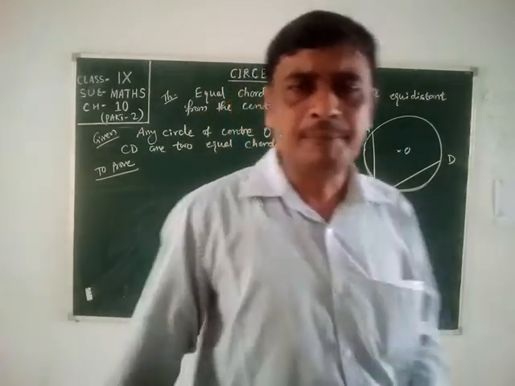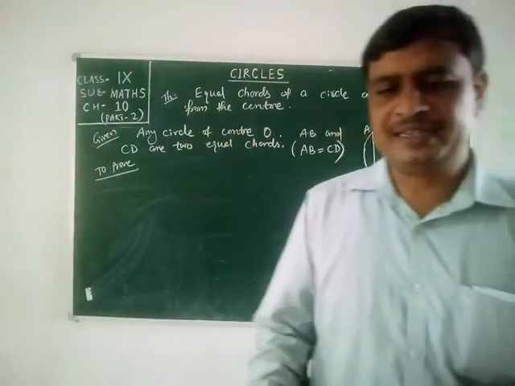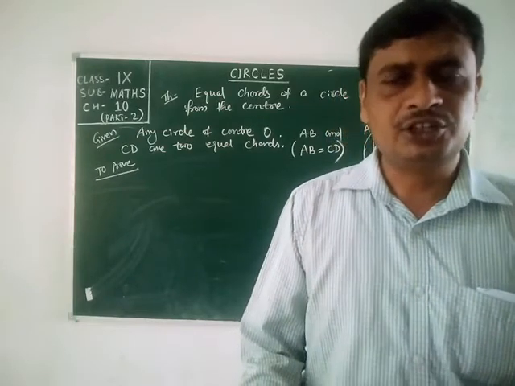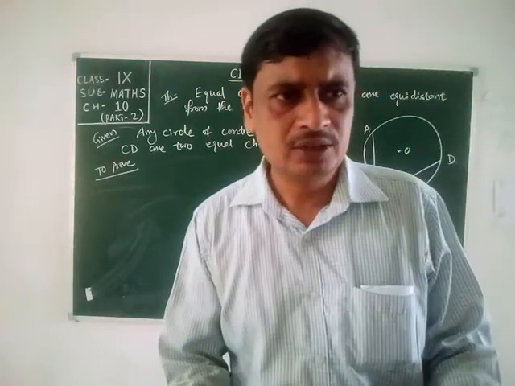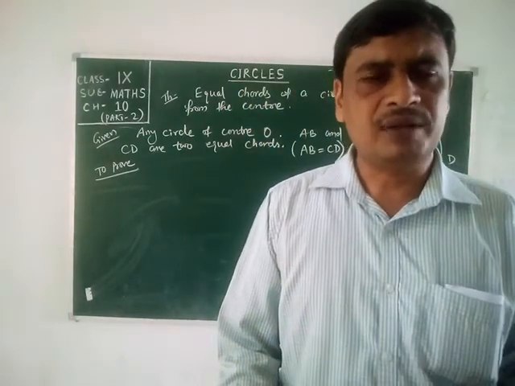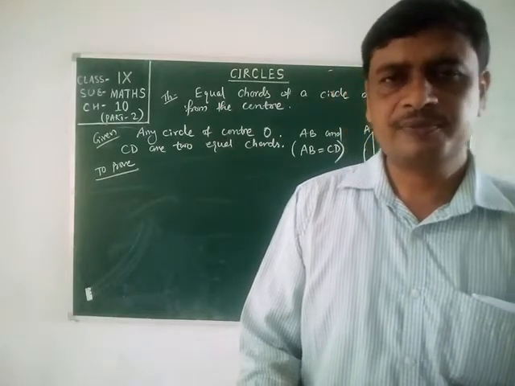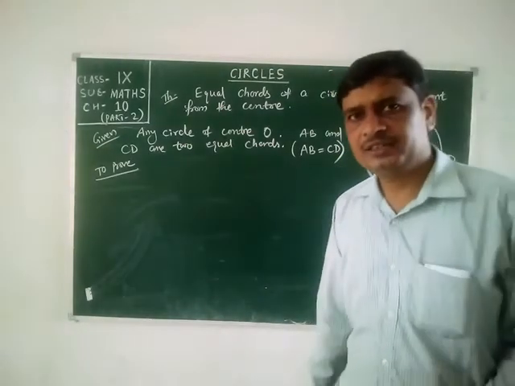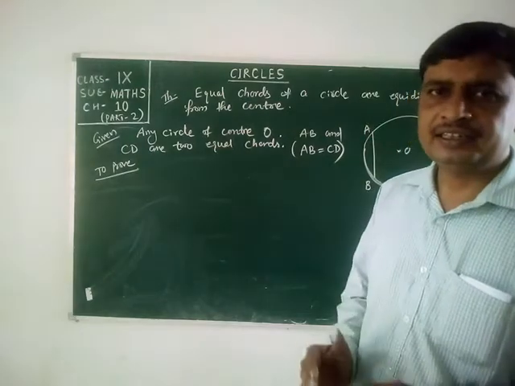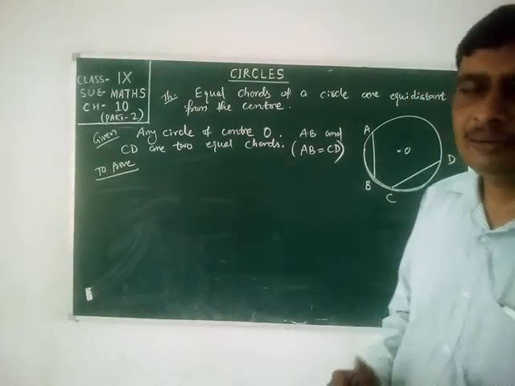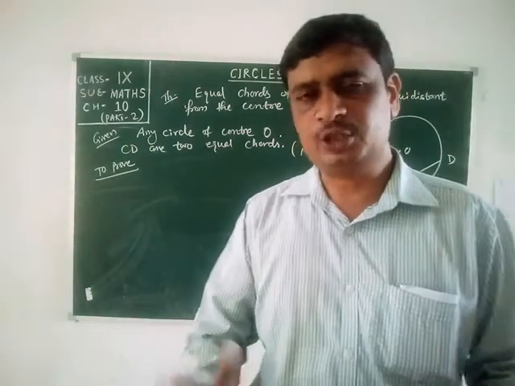Distance of a chord from the center is measured by drawing the perpendicular. When we draw a perpendicular from the center to any chord, it gives us the distance from the center to the chord.